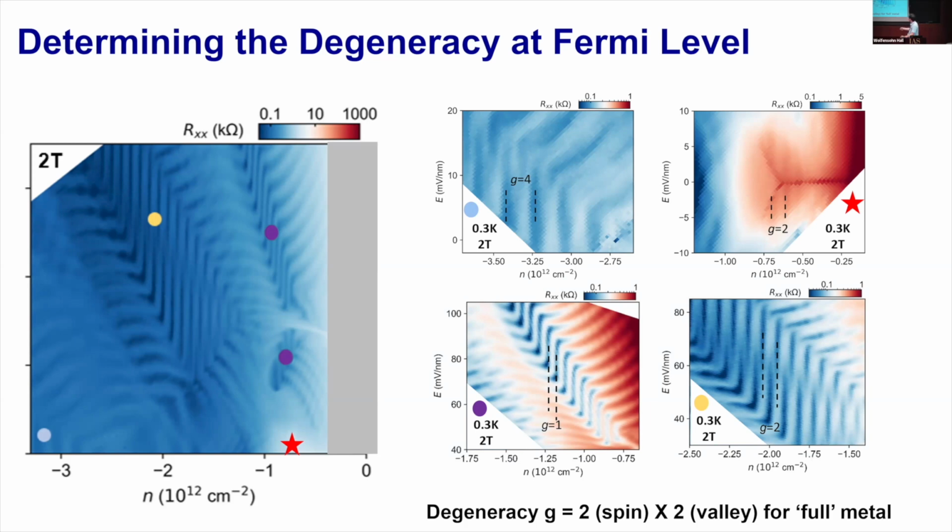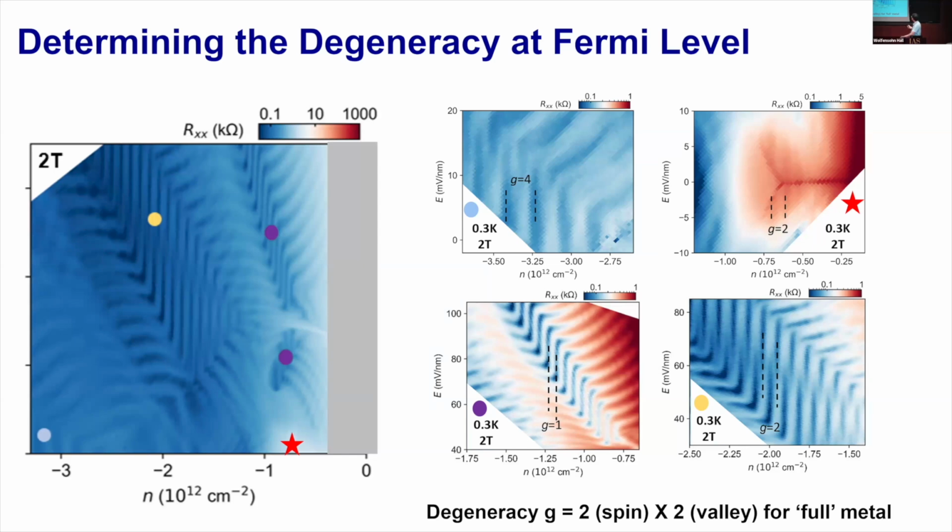If you look here, you see there are 2 features separated by a large charge density. And if you check the numbers, this density corresponds to filling up 4 Landau levels. And that means the degeneracy is completely conserved here. There's no breaking. So we call this a full metal, degeneracy equals 4.